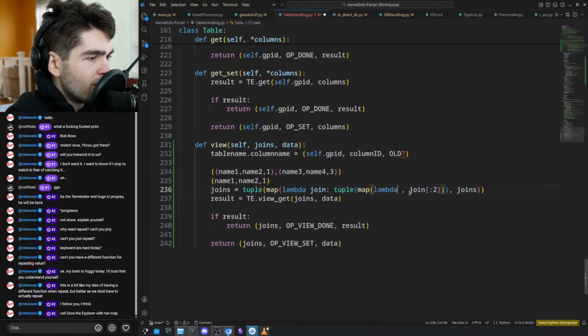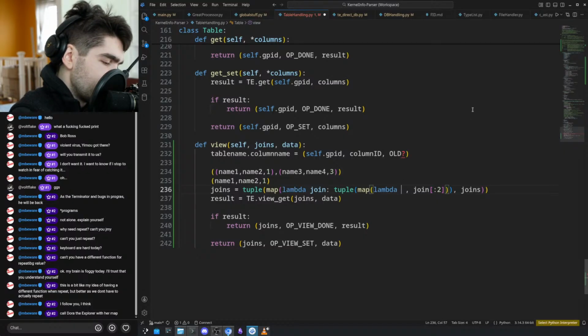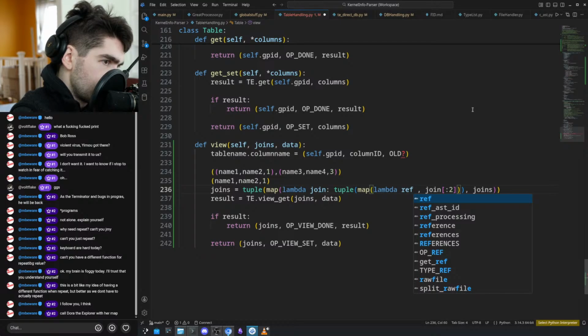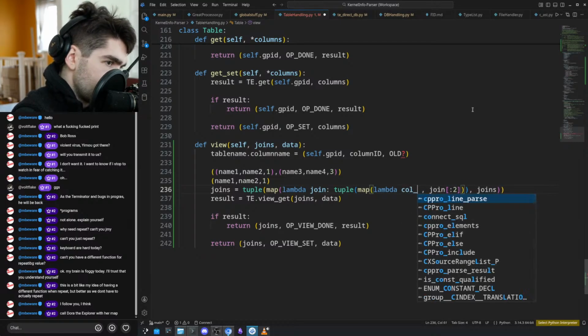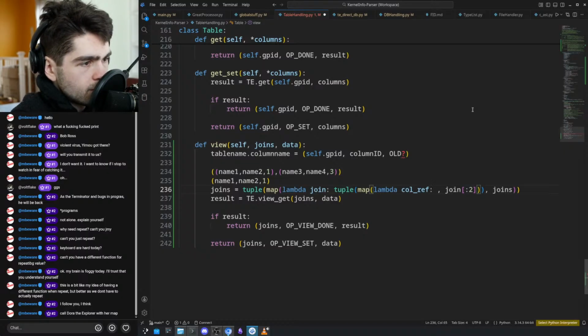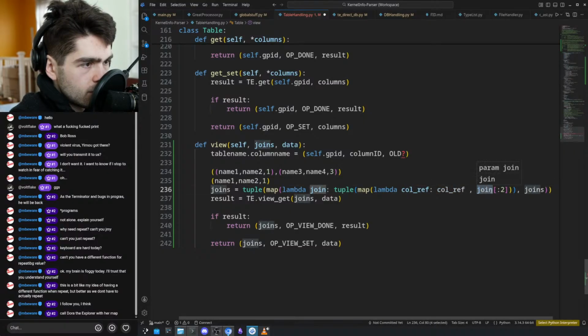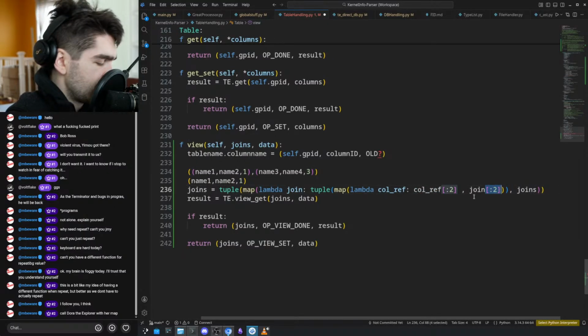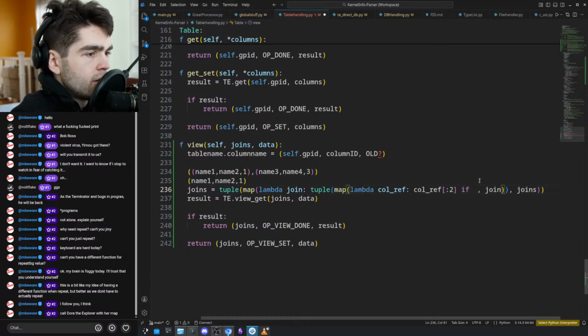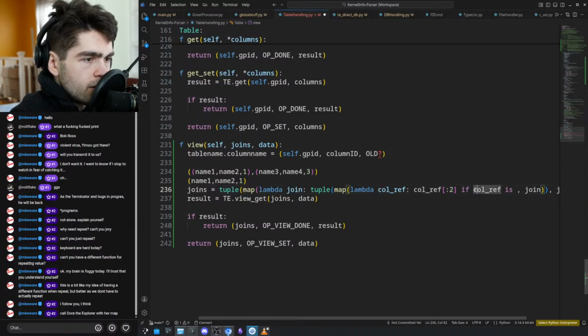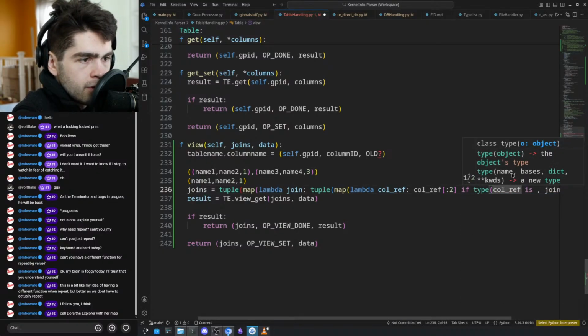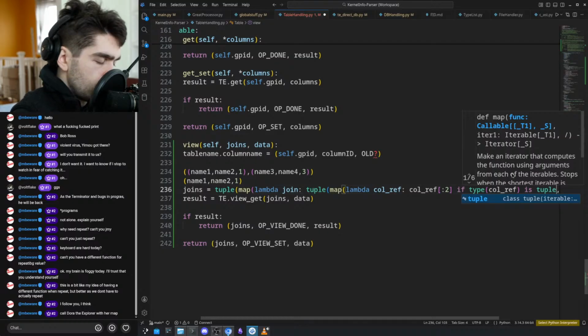And look at this, a lambda within a lambda. That's no good. If colref, do this, type is tuple, else.